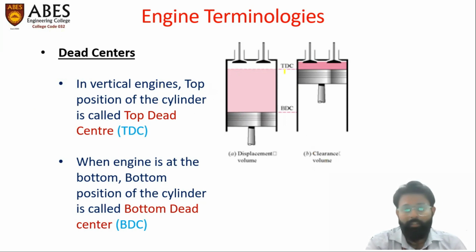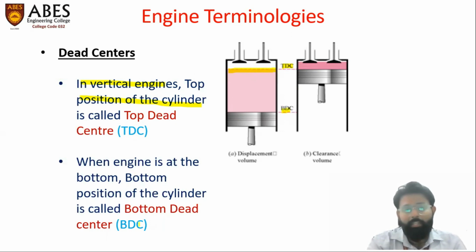For example, here they are referred to as TDC and BDC. In vertical engines, the top position of the cylinder is called the top dead center, referred to as TDC in the nomenclature. So the pink line on the top of this volume is referred to as the TDC point or top dead center.